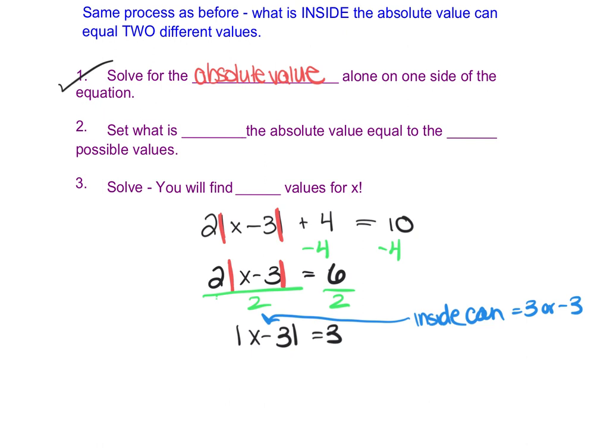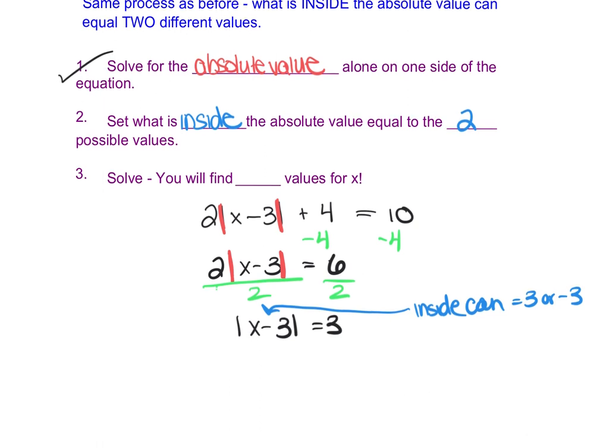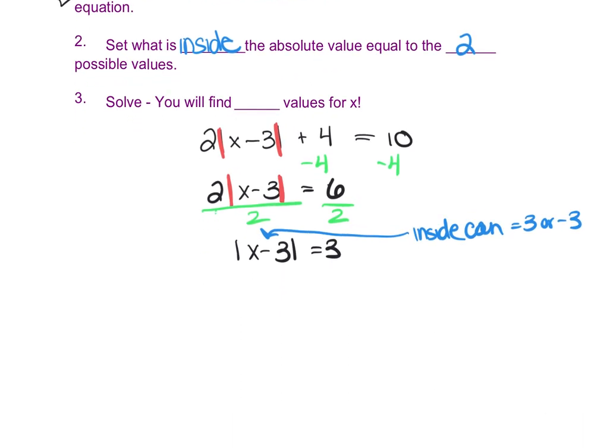So we're going to set what is inside the absolute value equal to the 2 possible numbers that it could equal. And that is how we break down the absolute value walls.